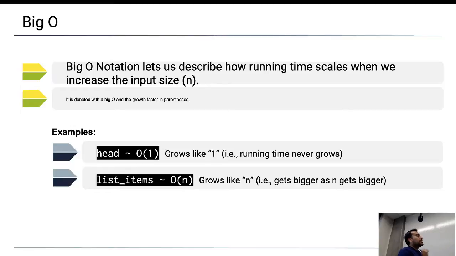Now remember the head example from the previous slide. It was always constant time, right? It always had one instruction. Okay? So the big O for that we call is O(1). That's not 0, it's O(1). O(1) basically means the 1 over here doesn't mean that it's running one instruction. Well, that's what it means, but it has nothing to do with that algorithm that we saw. You could write some other algorithm.